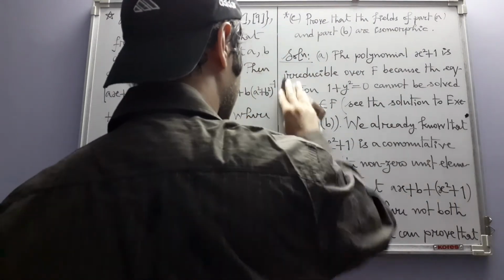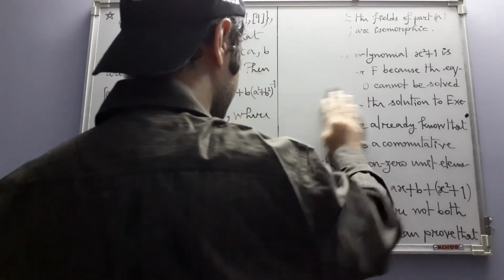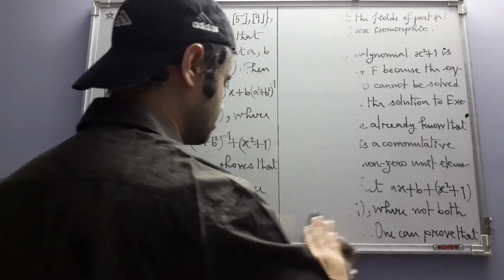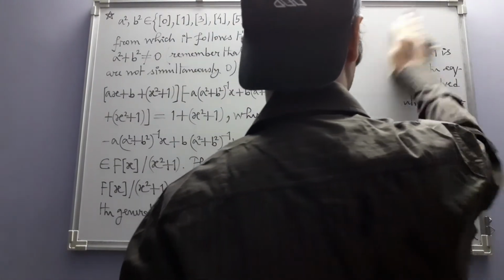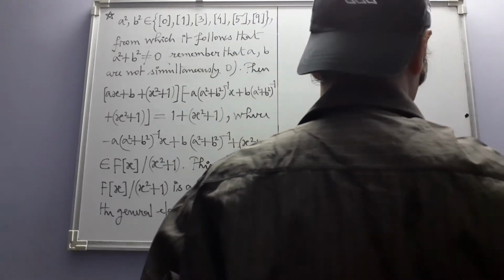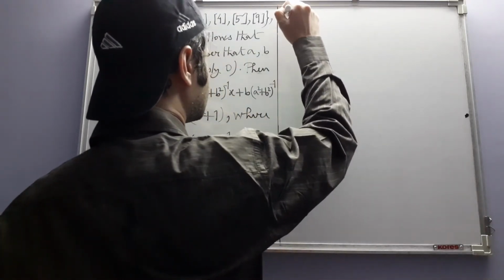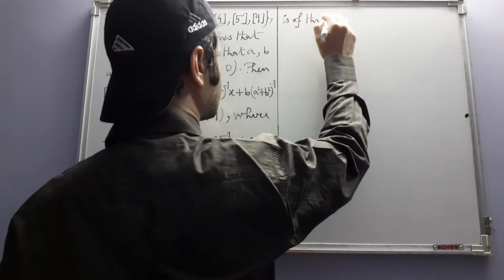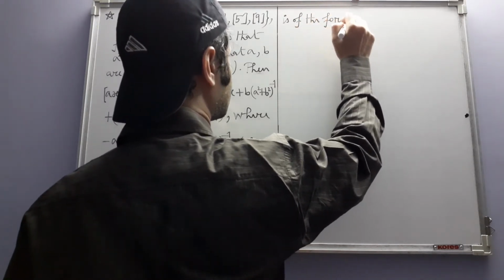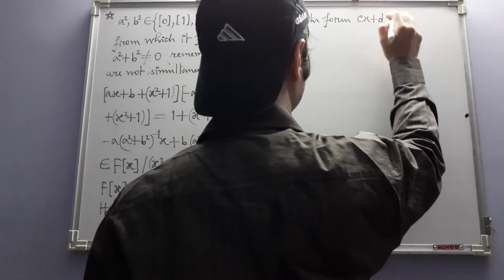So from the form of that general element we will be able to guess the number of such elements, and hence we will be able to say how many elements the field has. It is of the form Cx plus d.